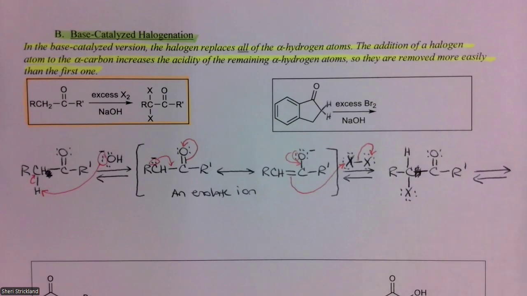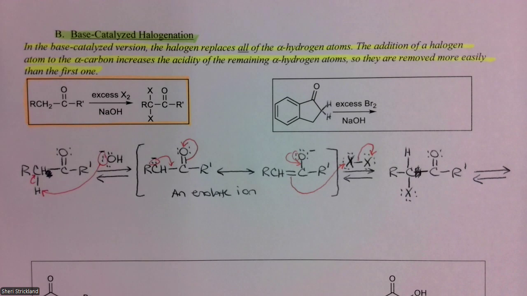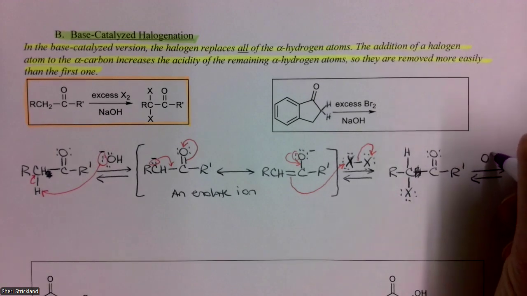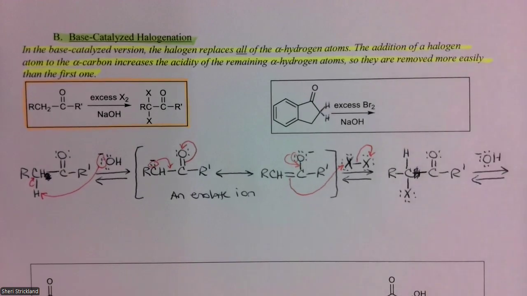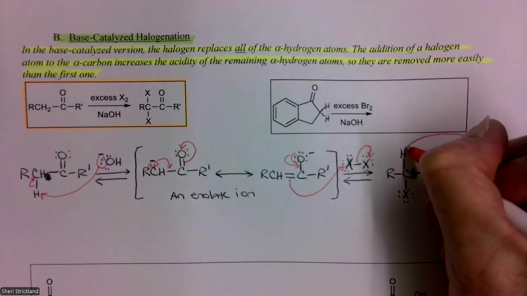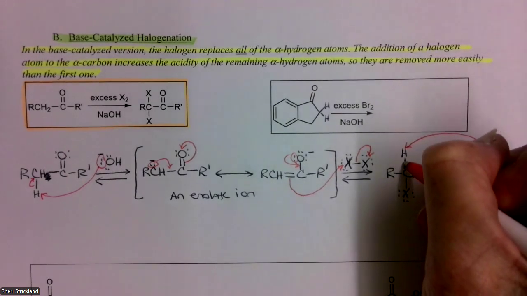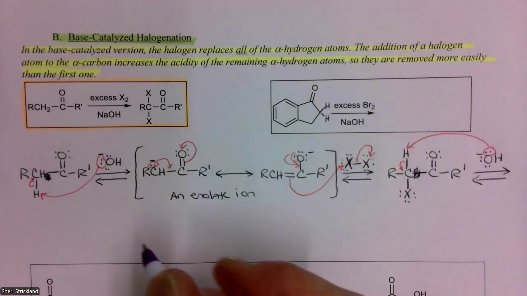And so now we've got a second deprotonation, because remember, all of the alpha hydrogens are going to be removed in turn. And if you had two alpha carbons that were sp3 hybridized and had alpha hydrogens on them, you would replace all of them.